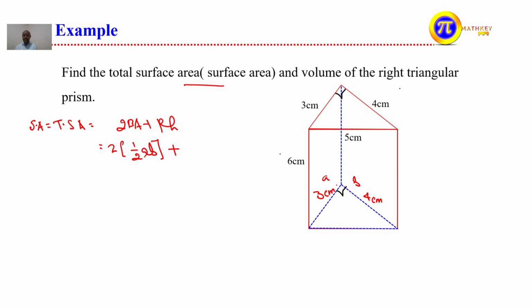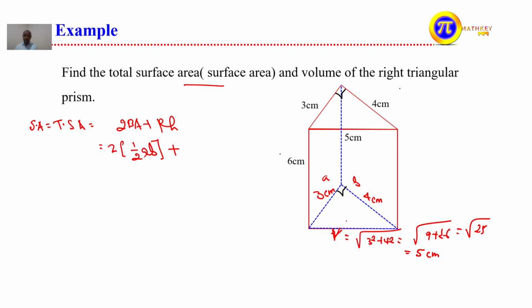Since it is a right angle triangle, using the Pythagoras theorem, let's say the hypotenuse is r. This implies that r is equal to the square root of 3 squared plus 4 squared, which is the square root of 9 plus 16, which is the square root of 25, that is 5 centimeter.